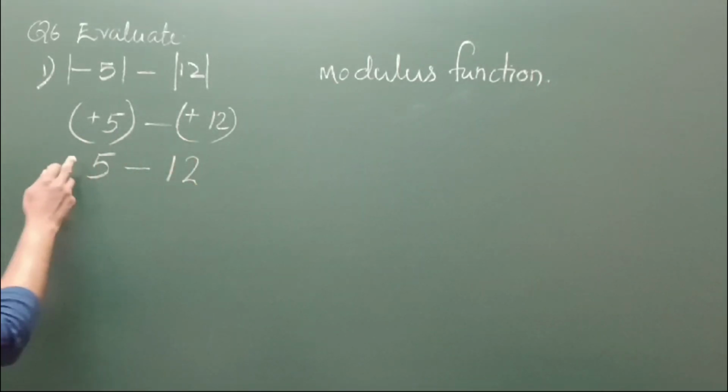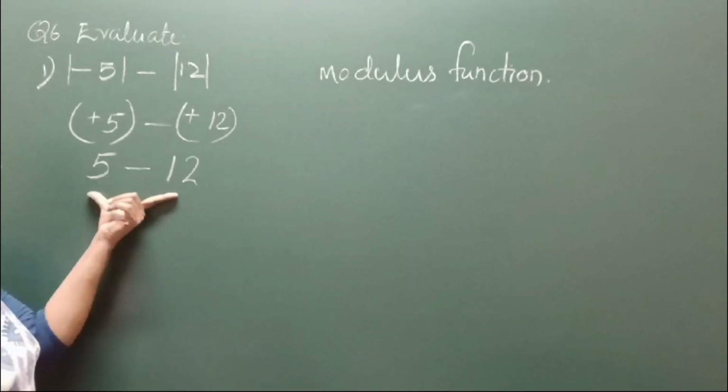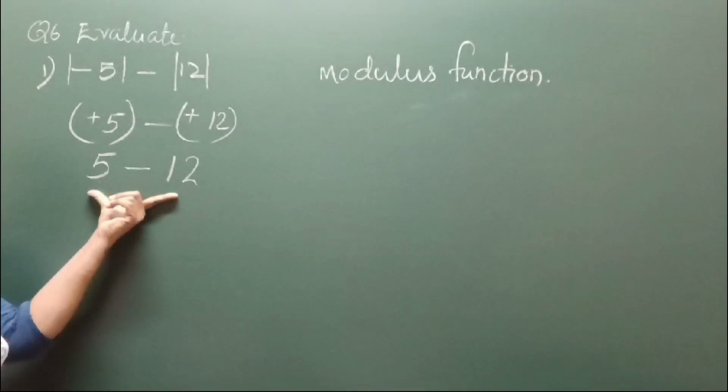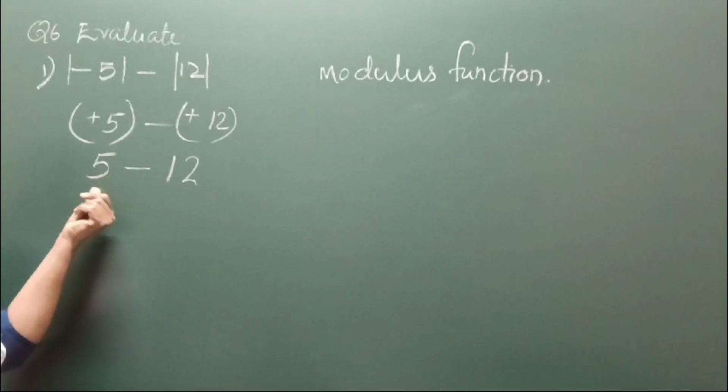Now here we know that this is plus and this is minus. Two different signs. When two different signs come, what we have to do is find the difference of these two integers. That means from 12 we have to subtract this 5.